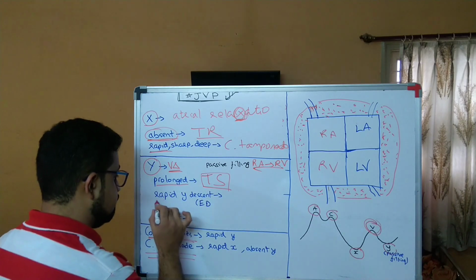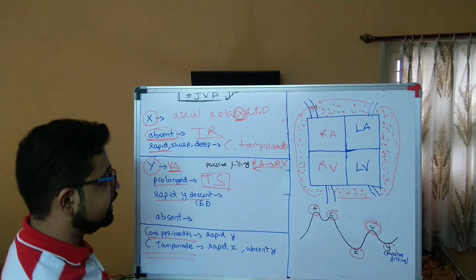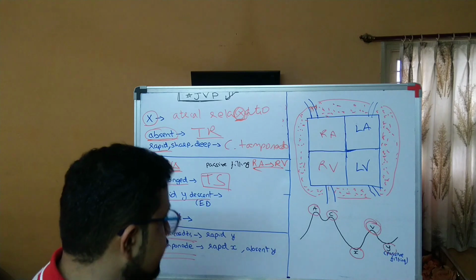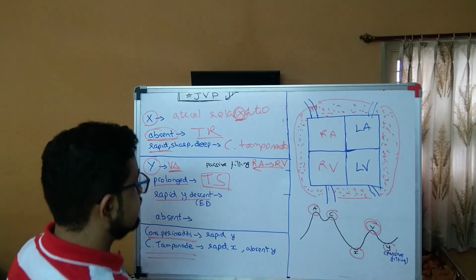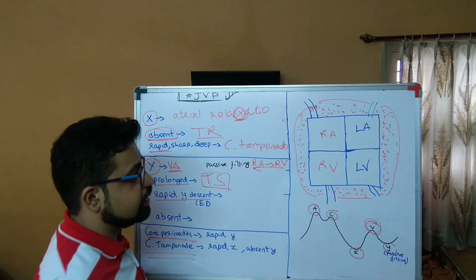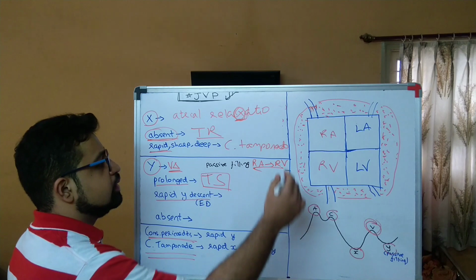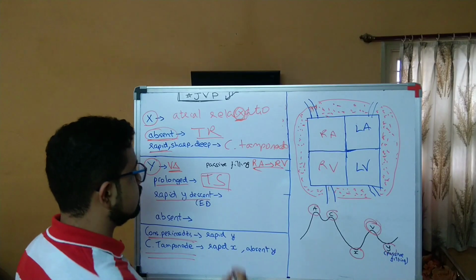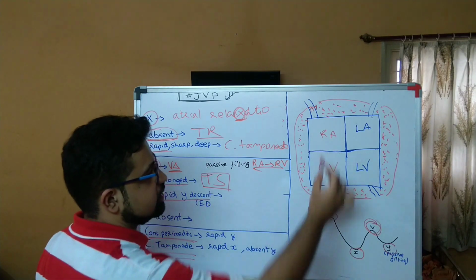Now, one of the most important, where do you get the rapid Y descent? You must have heard about the condition constrictive pericarditis. The chambers are non-compliant. So in the early diastolic phase, due to the non-compliance of the chambers which we see in constrictive pericarditis, you get rapid filling of the ventricles from the atrium.